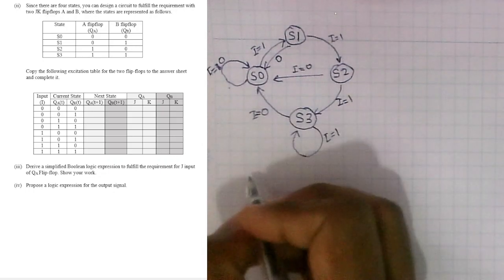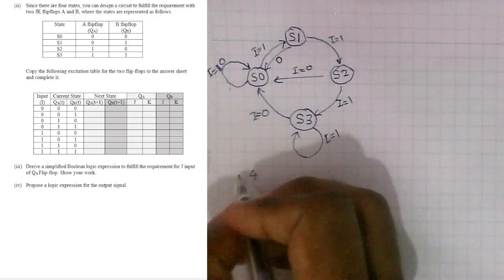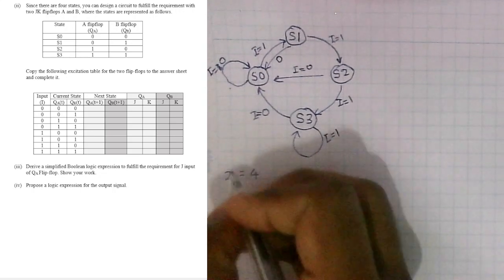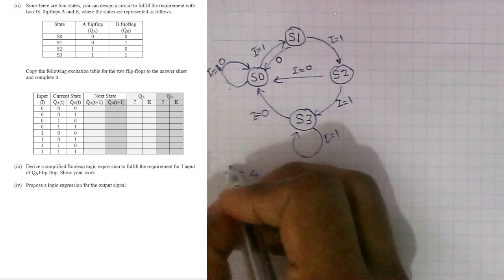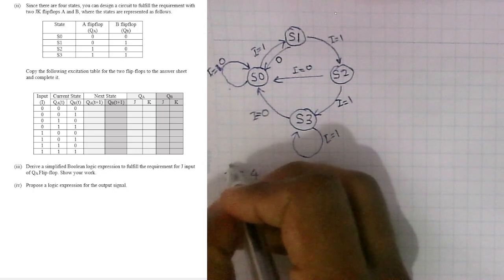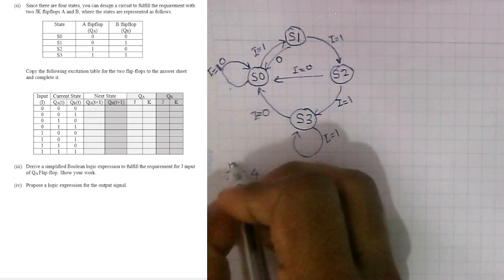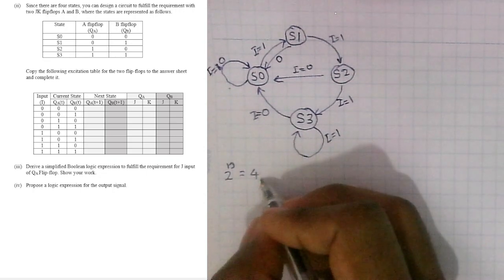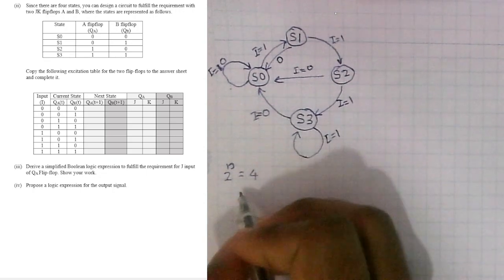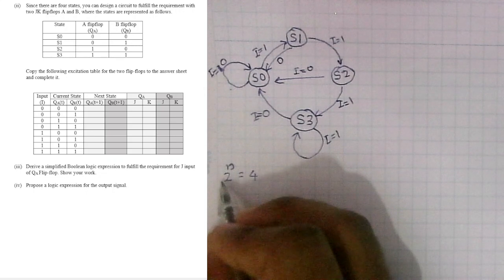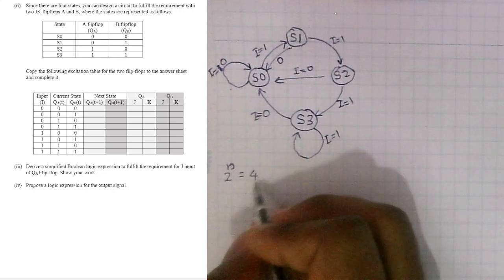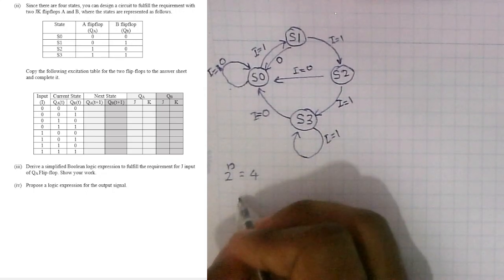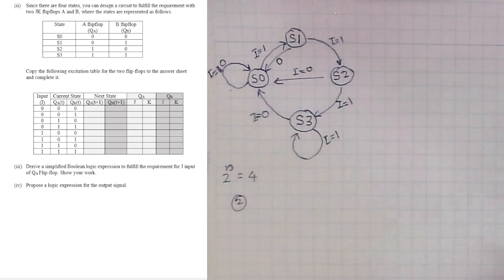Each flip-flop can only represent two states, right? So 2 to the power n flip-flops are necessary at least. In this case 2 to the power 2 is 4, so we know that we need two flip-flops in order to build this circuit.